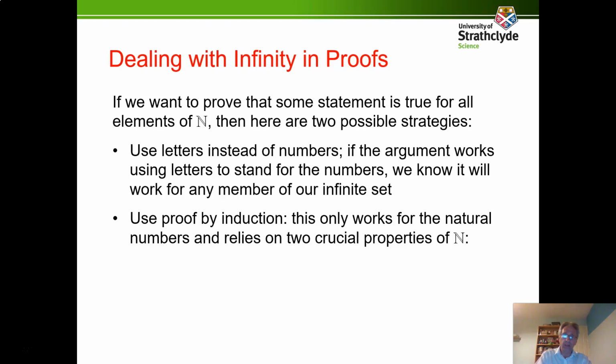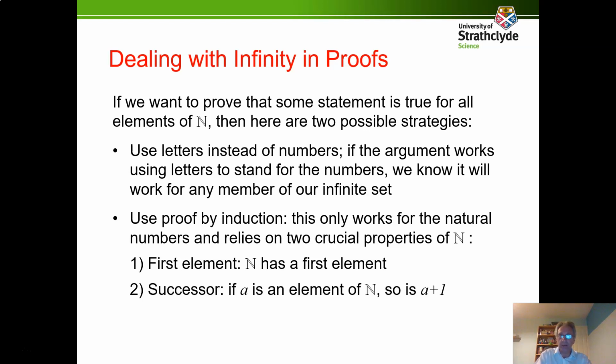Another way of doing it is to use this method called proof by induction, and this only works for the natural numbers, and it relies on two crucial properties of that set. First of all, the set that you're doing this on has to have a first element, a smallest element, a start element in other words. Also, this successor relationship has to hold.